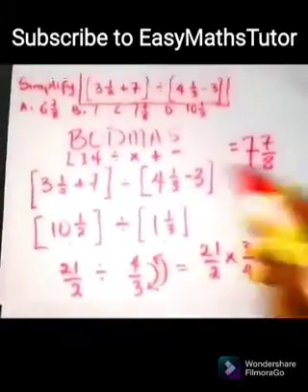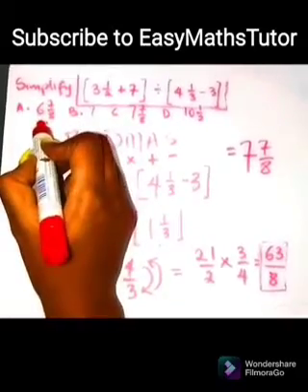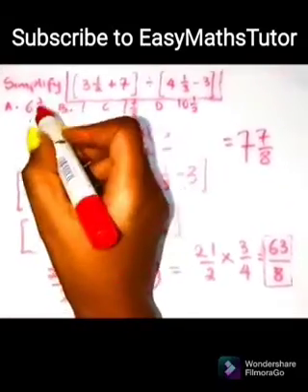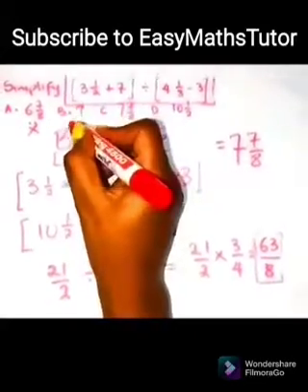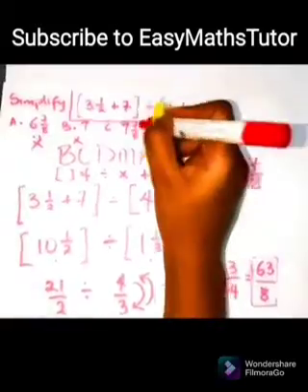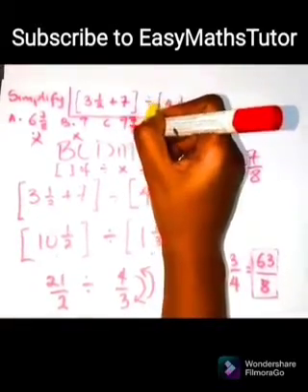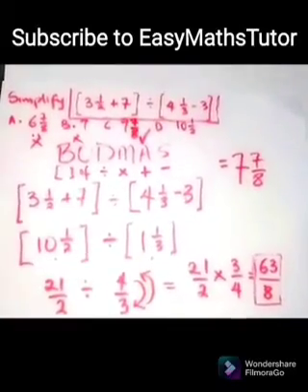So let's go back and look at our options. A is 6 whole number 7 over 8. That's not correct. B is 7. That's not correct. C is 7 whole number 7 all over 8. Aha. So that is our correct answer.